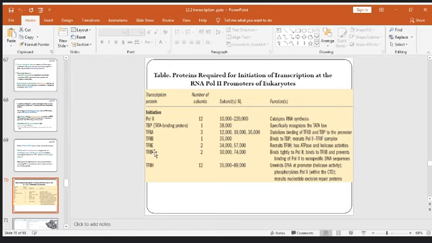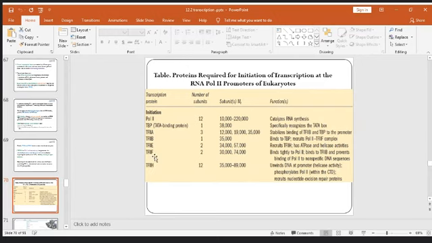Transcription factor 2E has two subunits, with molecular weights of 34,000 and 57,000. It recruits transcription factor 2H. As I told you, this transcription factor 2H has ATPase and it can undergo the helicase activity to unwind the parental DNA strand in the transcription complex.